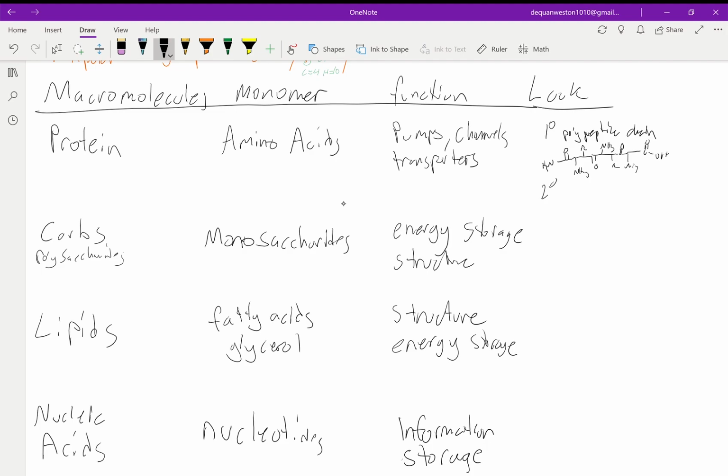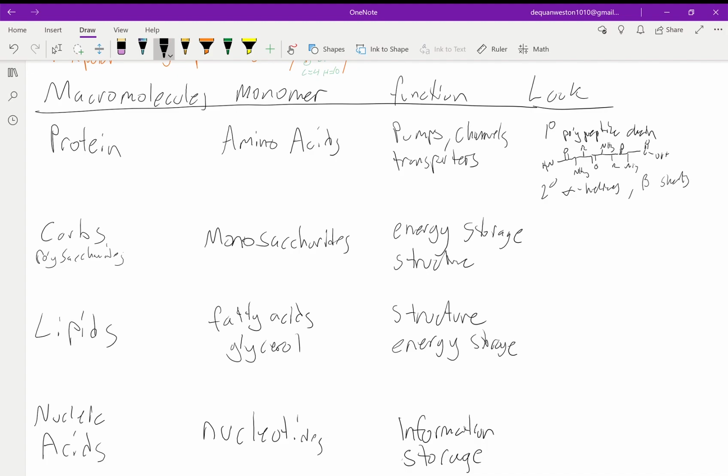You also have secondary, which is your alpha helices and beta pleated sheets. And then you have your tertiary, which is like the functioning actual protein. And then you have quaternary, which is multiple tertiaries all hooked together.